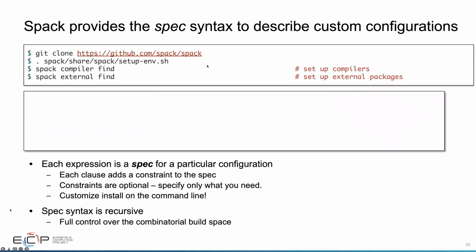Spack allows you to set up not just the environment, but also the compilers. You can say Spack compiler find after sourcing the environment file, and then Spack will find the compilers and list them. These could be compilers like GCC, Intel, NVIDIA, HPC. You can also say Spack external find.